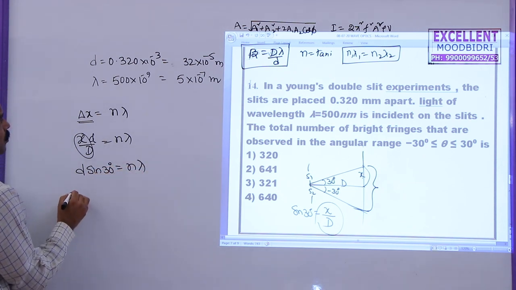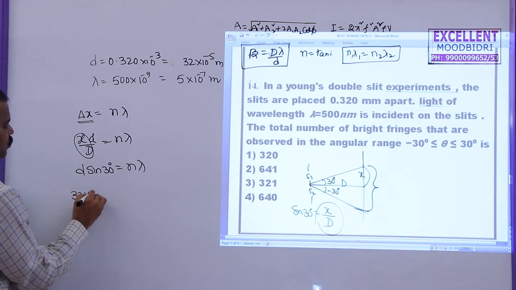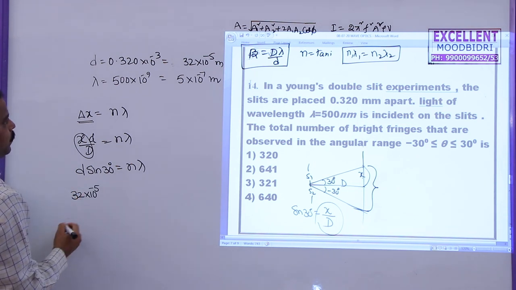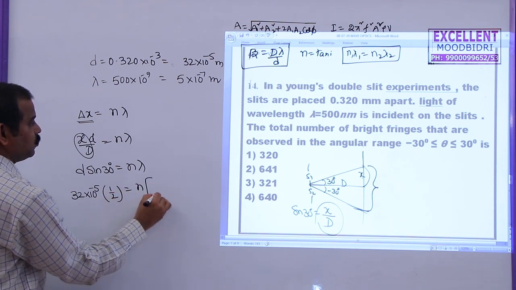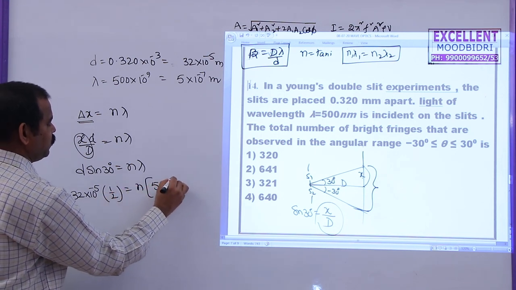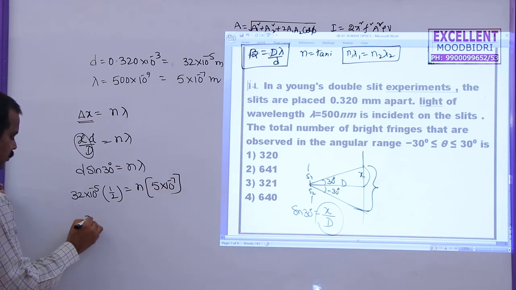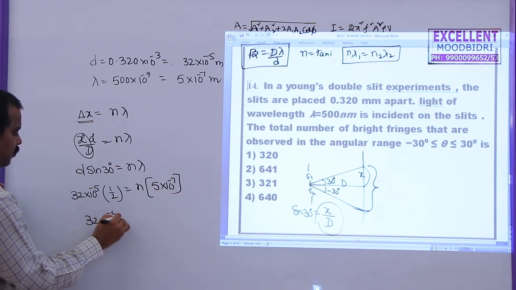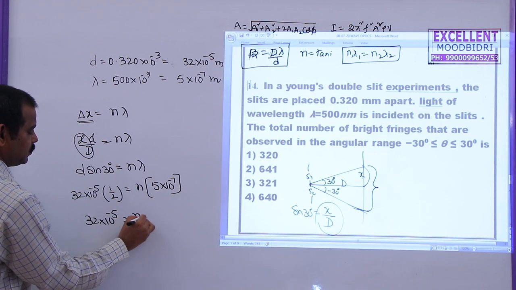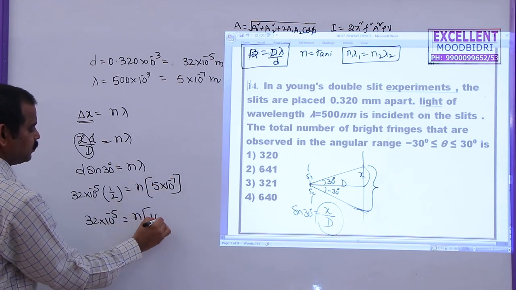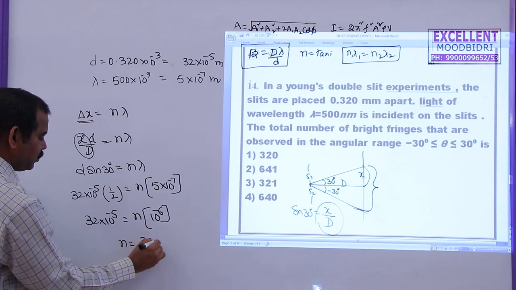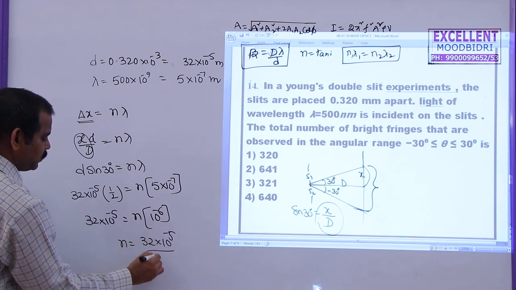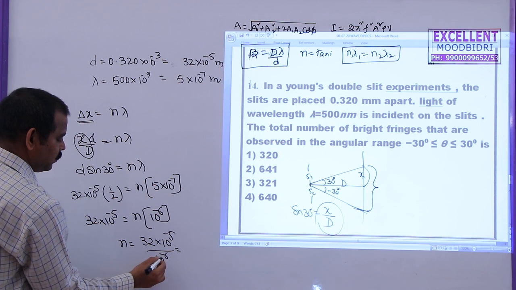We know the d value, that is 32 into 10 power minus 5 into sin 30, 1 by 2, is equal to n into lambda, which is 5 into 10 power minus 7. So 32 into 10 power minus 5 is equal to... 5 twos are 10, so 10 into 10 power minus 6. So n value will be 32 into 10 power minus 6 by 10 power minus 7.